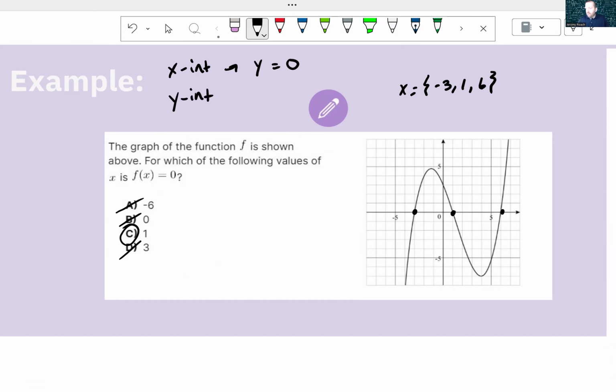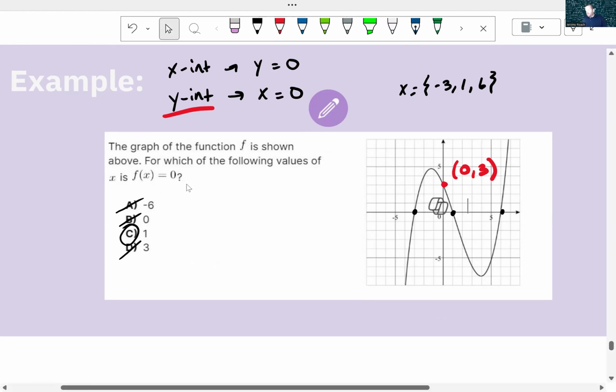Our y-intercepts mean that x equals 0. That's what we're setting those values equal to. So our x-intercepts are along the x-axis, points where it crosses. Our y-intercept for this one is here, and our y-intercept is (0, 3), or it might just say 3 if it gave you multiple choice.